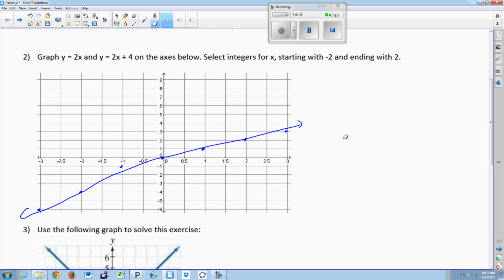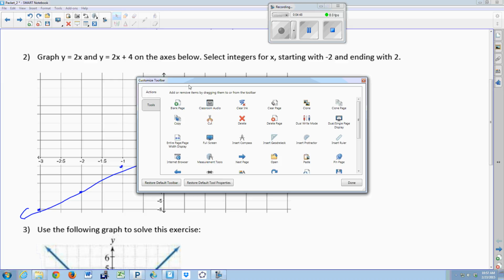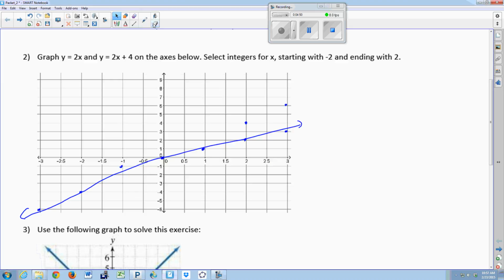Oh, it's not 2, 2, it's 2, 4, and 3, 6. Okay. I knew something had to be wrong because it was a straight line. Just give me my little eraser. Okay. All right, so there we go. This should look better now. Kind of. All right, so there's y equals 2x, not a very good job.